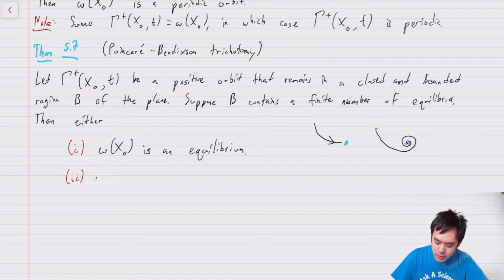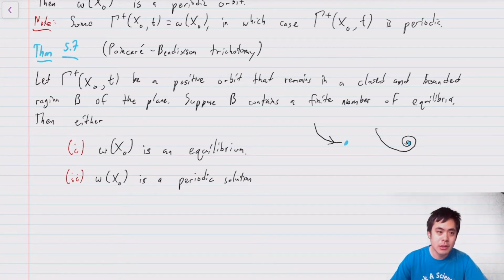The other case is omega of x naught is a periodic solution. This will happen in certain cases where you have a solution that may not necessarily be a circle, but you go around in some periodic solution, and this is what it limits to.